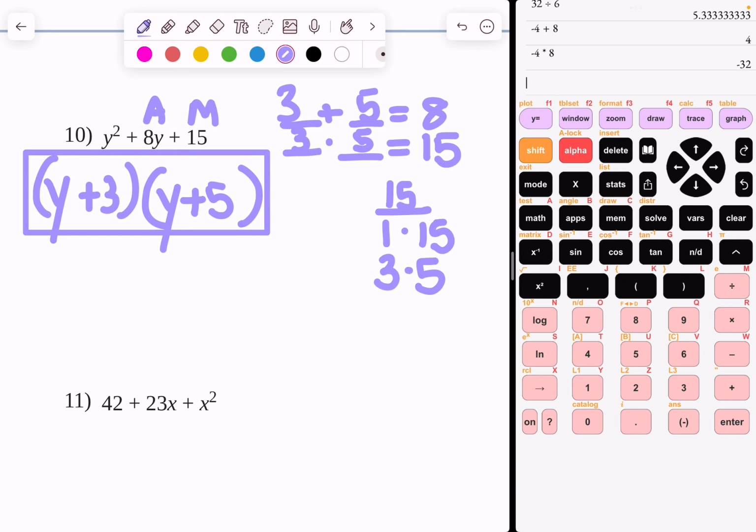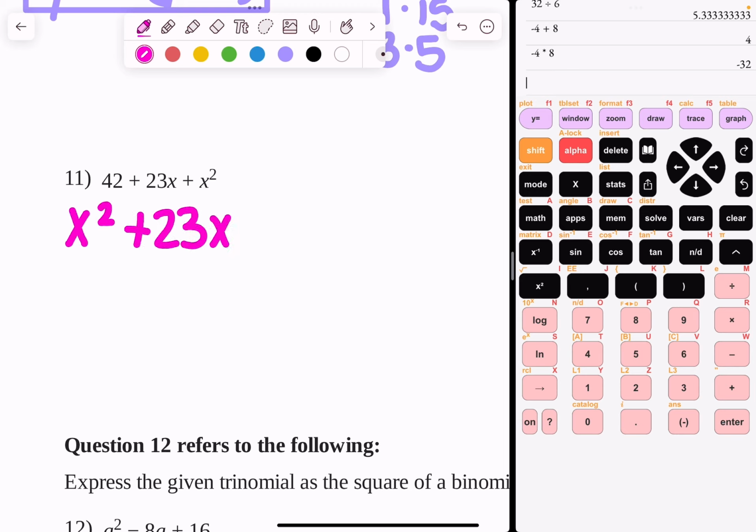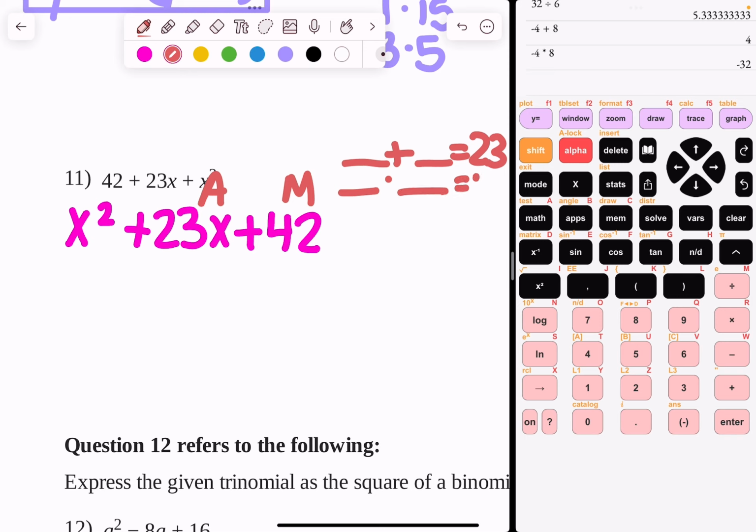Make sure you're pausing this video and actually trying these to see if you could do them on your own. Let's look at number 11. Let's put this in standard form. X squared plus 23x plus 42. Good. There's nothing we could divide out, so we're going to be finding what adds to 23, and what multiplies to 42.